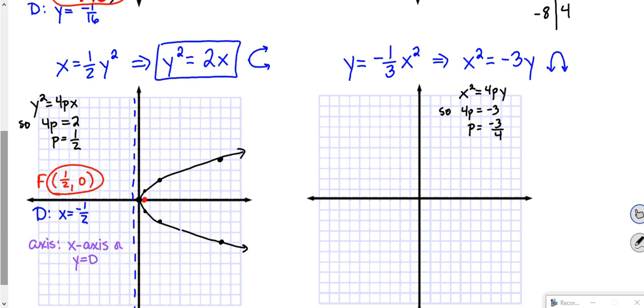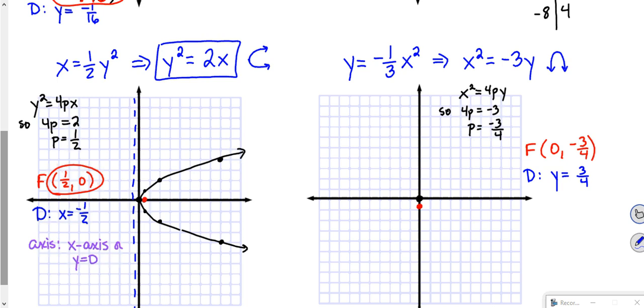So again, 0, 0, my origin, is the vertex of my parabola, and I know it's going down. Here's my focus. My focus is going to be 0, negative 3/4, because remember your focus is always inside the bowl of your parabola. Your directrix then is a horizontal line, so that's y equals positive 3/4.